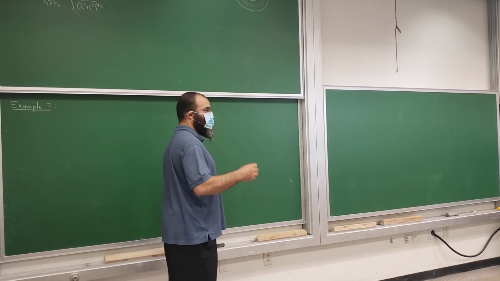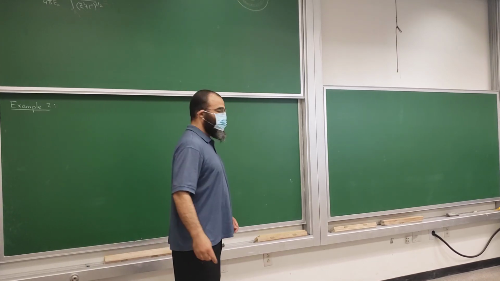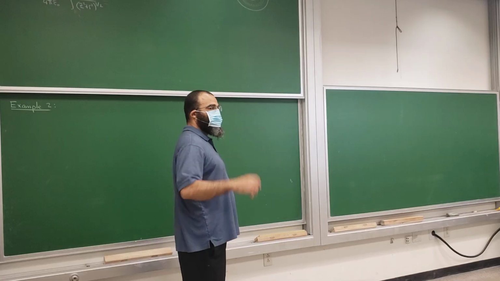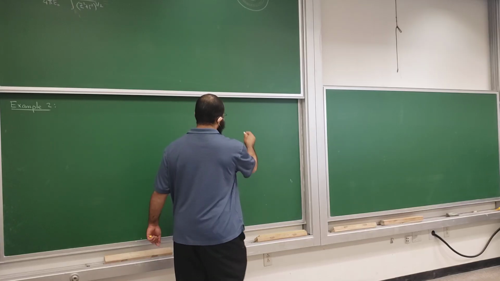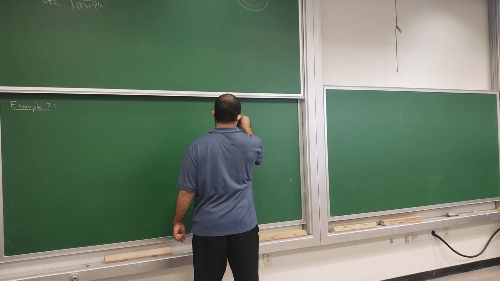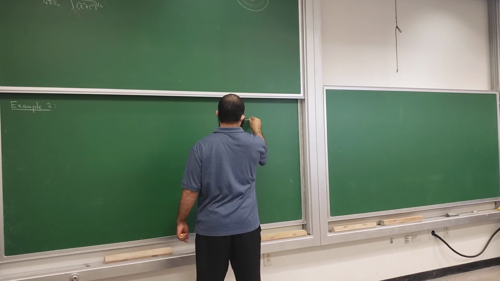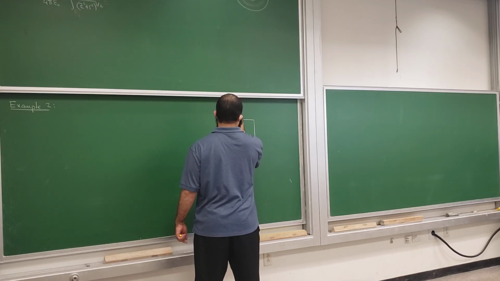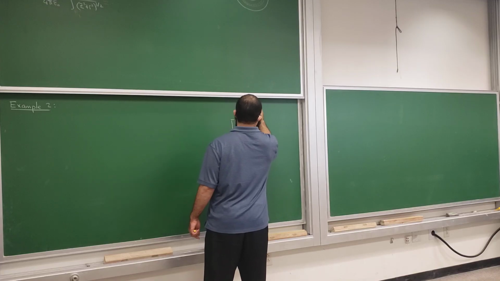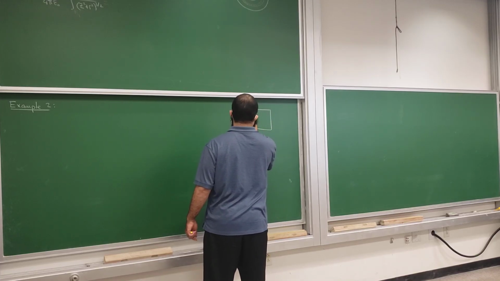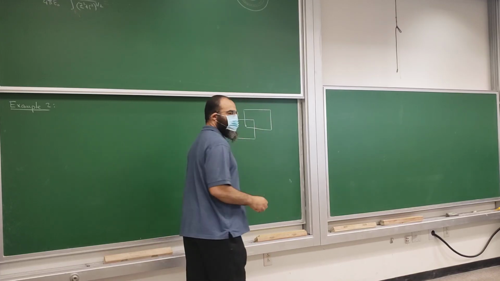Suppose we have a box, let's say this room, and there is a charge. For simplicity, I'm going to make the box into just a cube. It would be a cubical box.